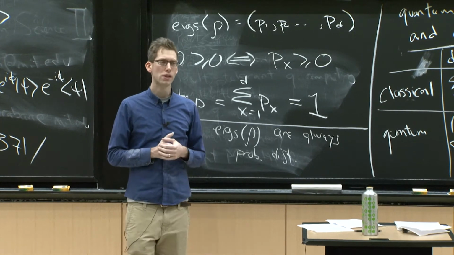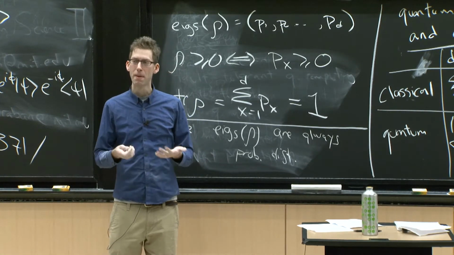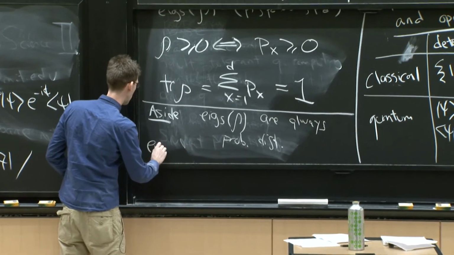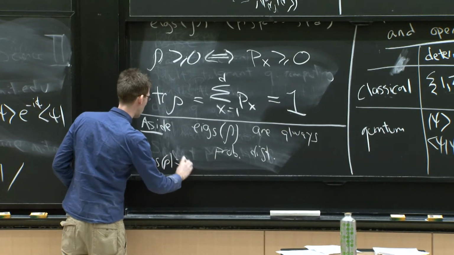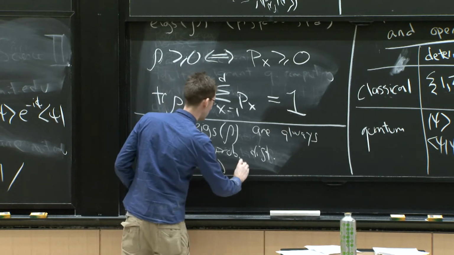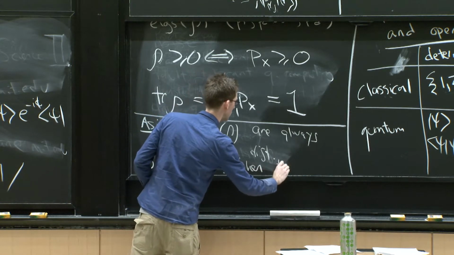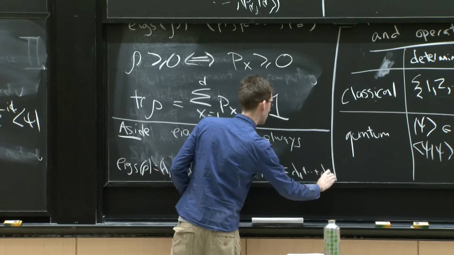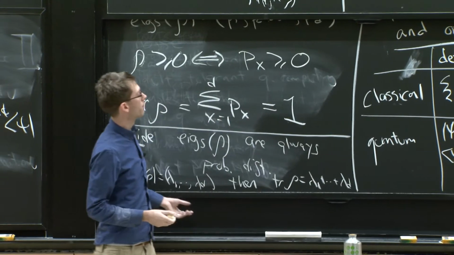And this is because the trace is independent of basis. So if the eigenvalues of rho are lambda 1 through lambda d, then trace rho is the sum of these eigenvalues.